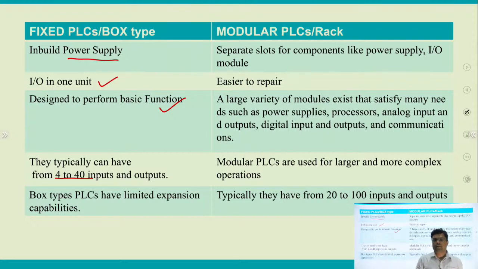A very small PLC has various classifications; a small PLC starts from 4 pins and goes up to 40 pins. So box type PLCs have limited expansion capability.